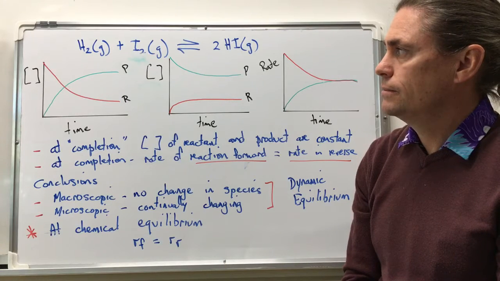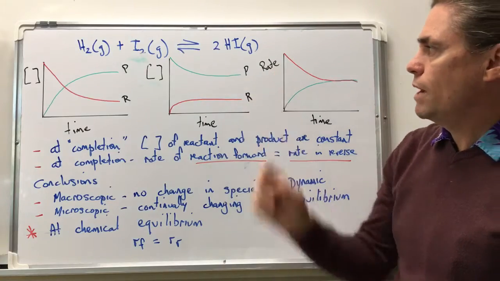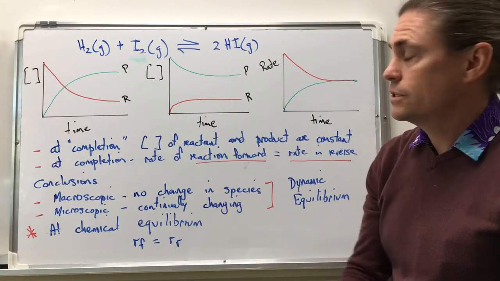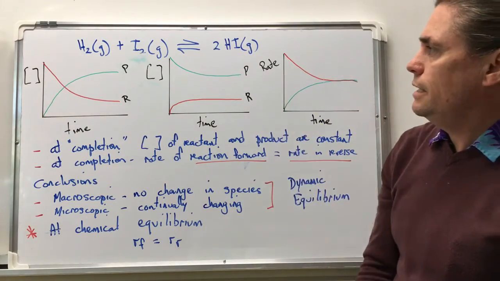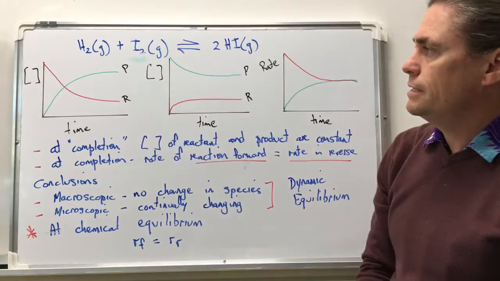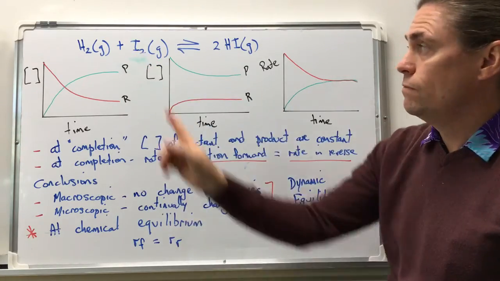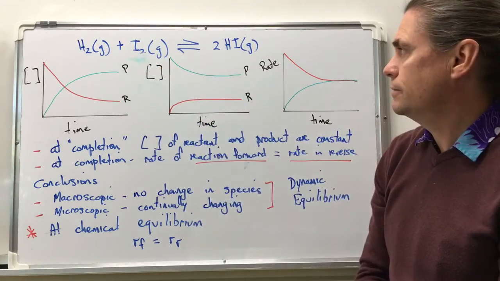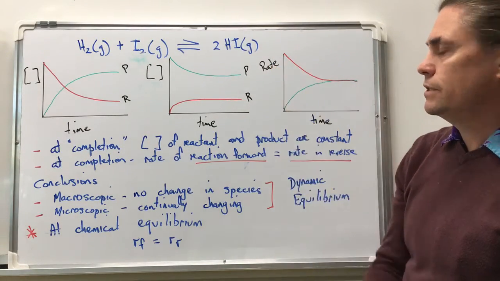Now the other interesting thing about this is that we can actually plot the rate of the reaction as the reaction proceeds. So our red line here, if we go back to this graph, is actually measuring the rate of reaction of our reactants, or what we call the forward reaction. And as we'd expect, our rate of reaction will decrease over time.